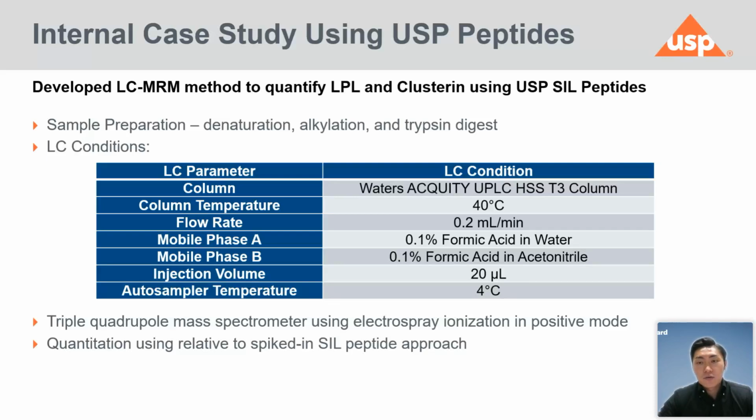We used a Waters Acquity UPLC HSS T3 column at 40 C, flow rate 0.2 mL per minute, mobile phase A being 0.1% formic acid in water, and mobile phase B being 0.1% formic acid in acetonitrile, with an injection volume of 20 microliters and an autosampler temperature of 4 C. This is followed by a triple quad mass spectrometer using electrospray ionization in positive mode, and quantitation uses the relative to spiked-in labeled peptide approach, as described in chapter 1132.1.